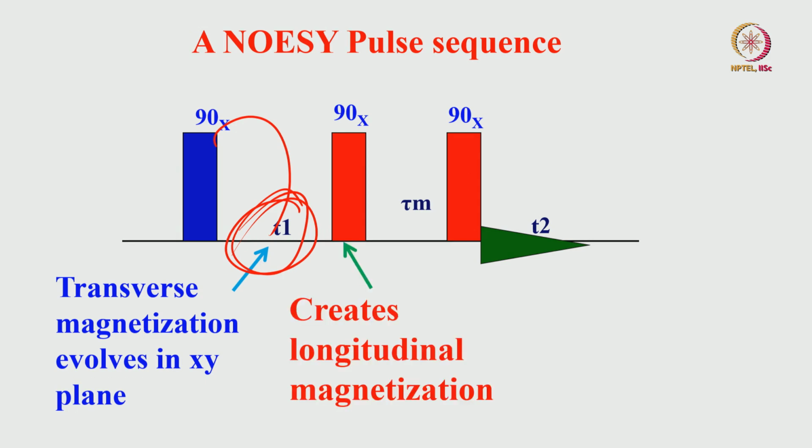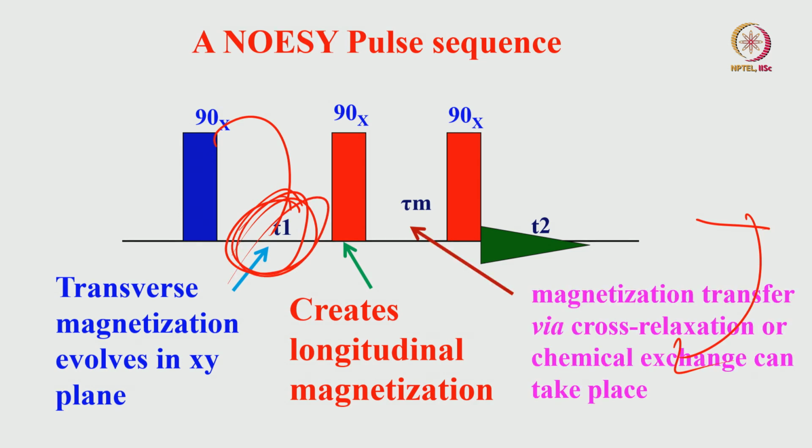Apply another 90-degree pulse, and it creates longitudinal magnetization, because the magnetization that was on the x axis or y axis is taken back to the z axis, with a delay of course. As a consequence, spin vectors would have moved by some distance in T1.